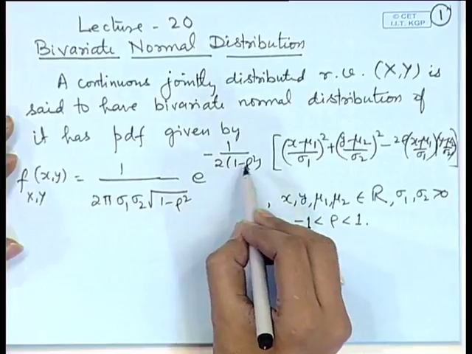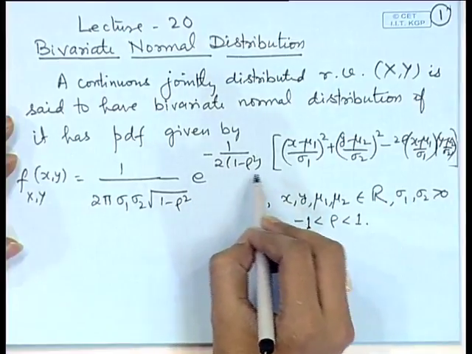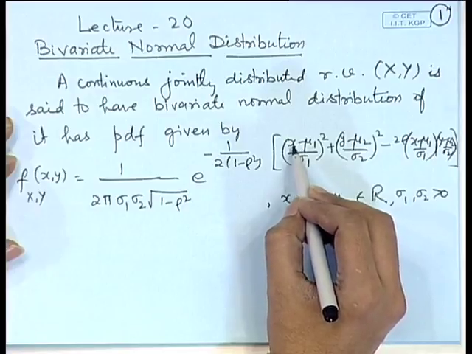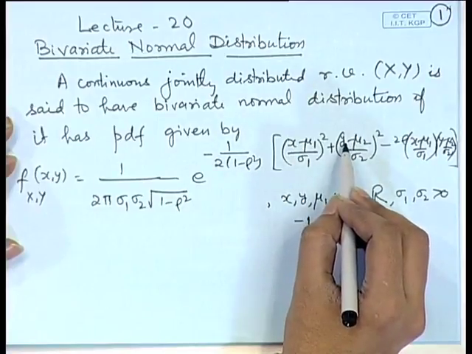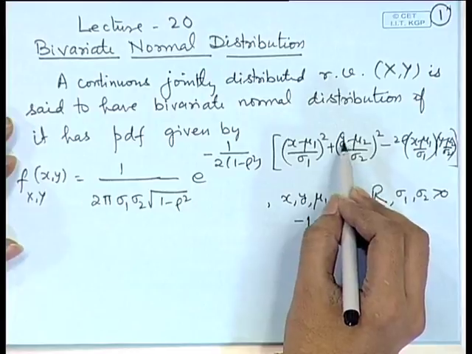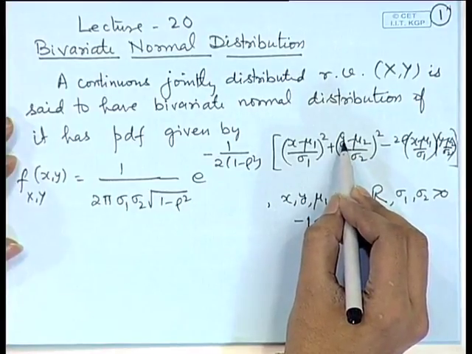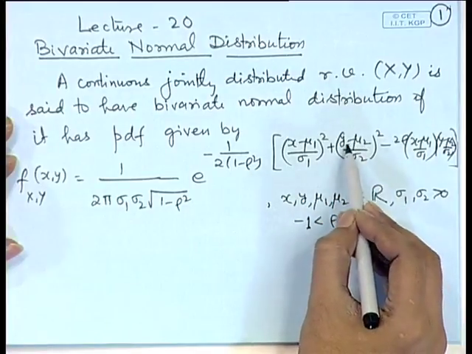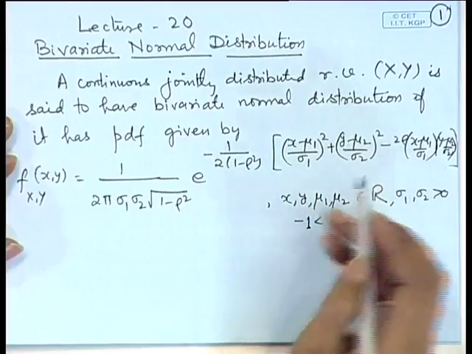A closer examination of the density function reveals that in the exponent we have a term like that which appears in the exponent of the normal distribution. So, if we want to integrate with respect to y, we can convert it into a density with respect to y. That suggests that we make a perfect square in y.